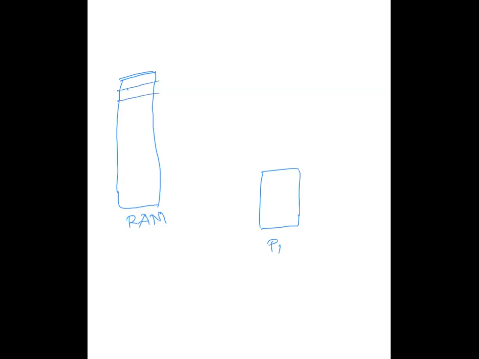Your RAM is divided into some frames. And your process is also divided into some partitions, called pages. Your process is nothing but space. It can be 10 MB or 10 KB or whatever it is.